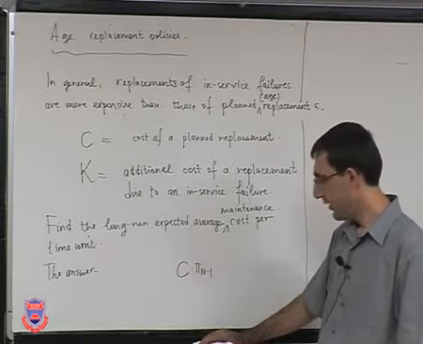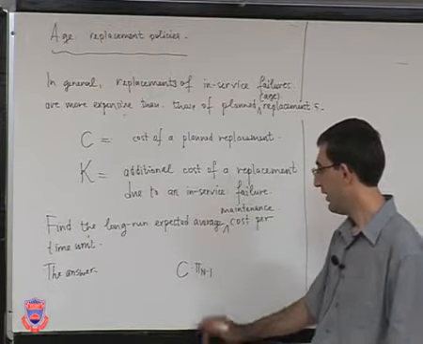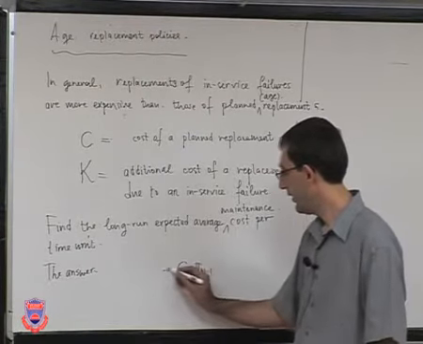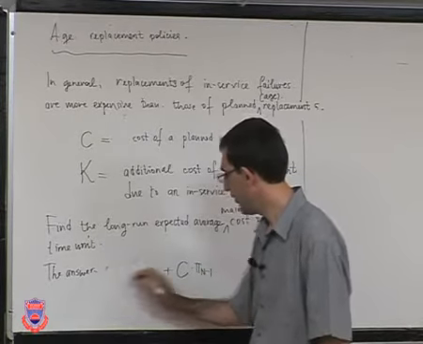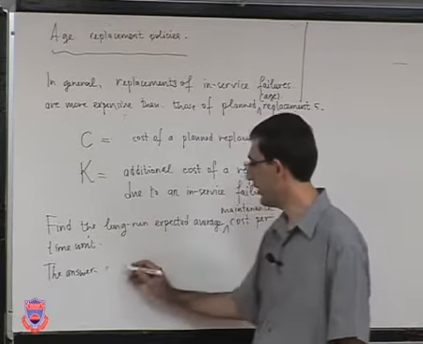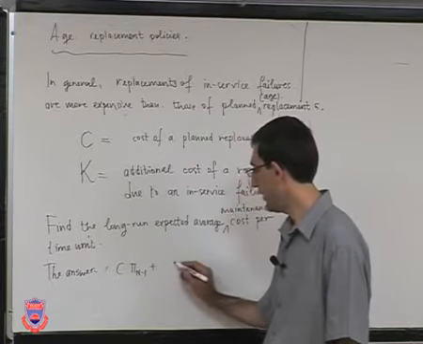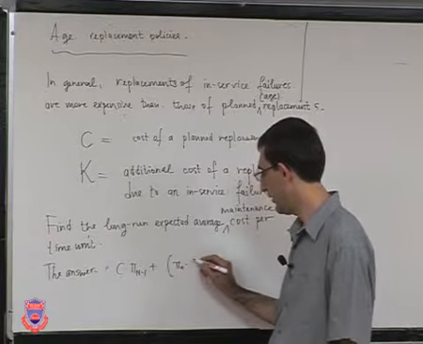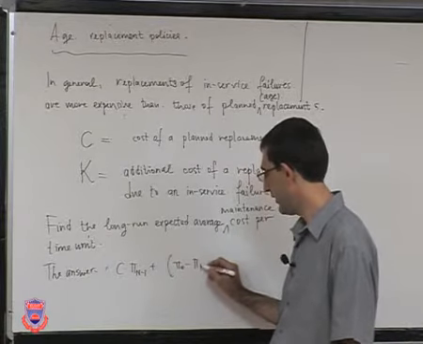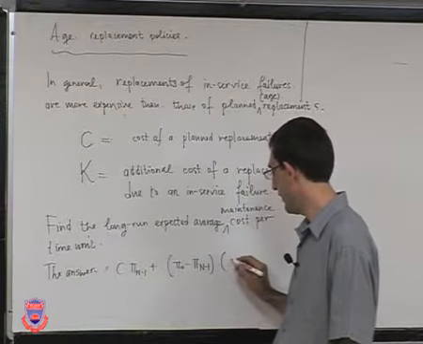Planned replacement cost per time unit, plus C times pi 0 minus pi n minus 1. Let me just write it like this: C times pi n minus 1, plus, in parentheses, pi 0 minus pi n minus 1, times, in parentheses, C plus K.